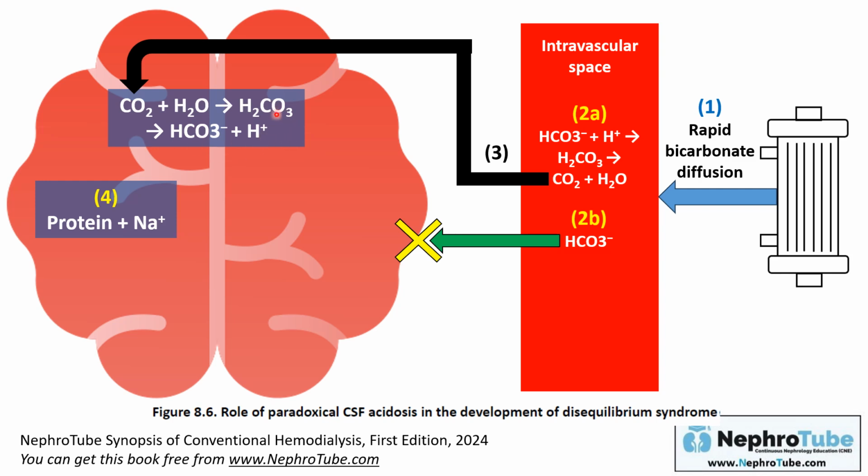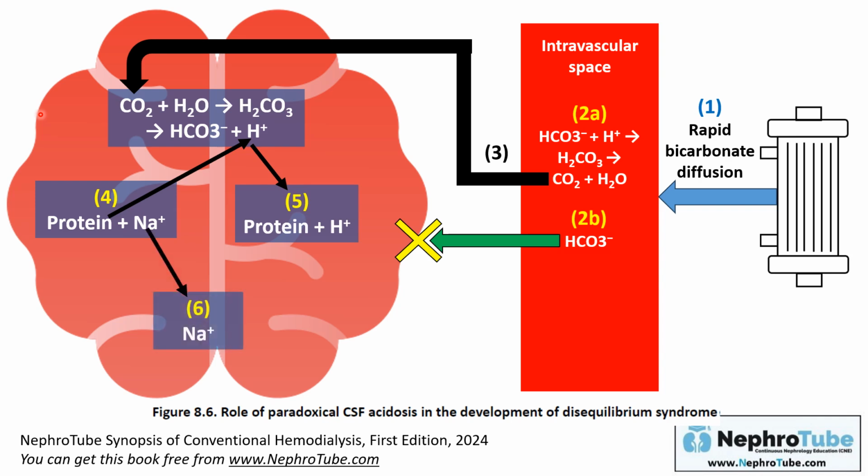To buffer the hydrogen in the intracellular space, inside the brain cells, as in all intracellular spaces, sodium may be bound to protein. Protein will leave sodium to bind hydrogen to buffer it and decrease the intracellular acidity. Then sodium is free. Free sodium will increase the intracellular osmolarity of the brain, and this will osmose water into brain cells.